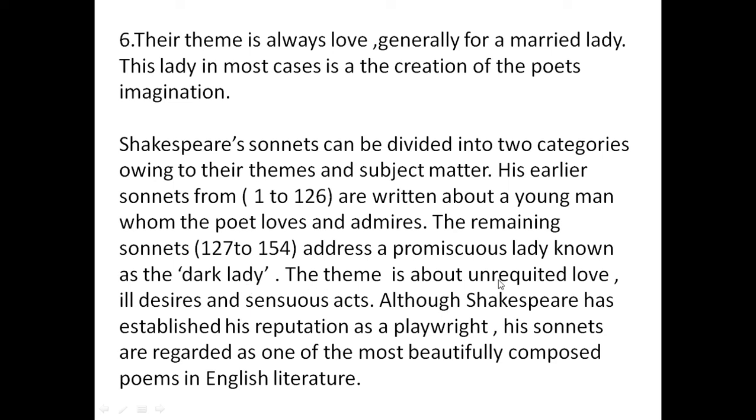The theme is about unrequited love, ill desires, and sensuous acts. Although Shakespeare has established his reputation as a playwright, his sonnets are regarded as one of the most beautifully composed poems in English literature.